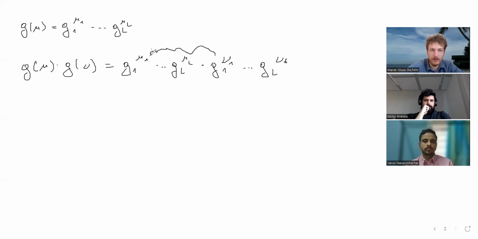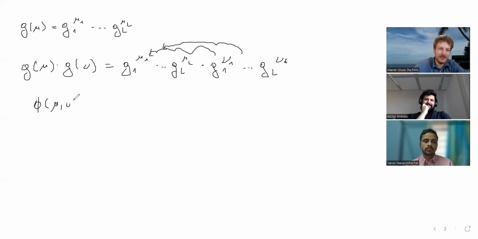And the way to proceed is basically to iterate through the entire G of nu string, and anti-commute until you come here, then you take the second, and anti-commute until you come to the second, and so on. To keep track of this, it's useful to define a function, which is a little bit like a symplectic scalar product.